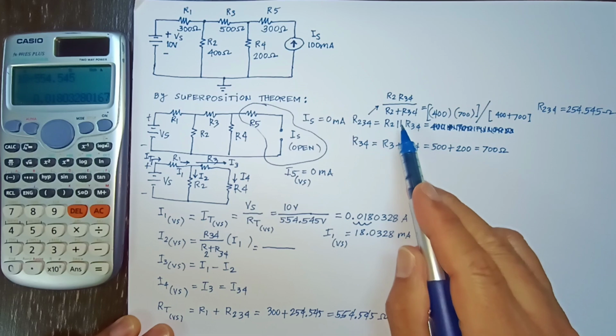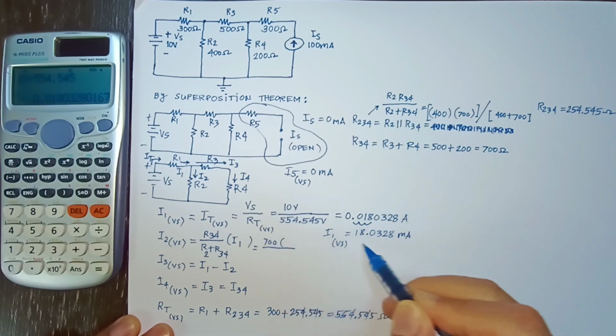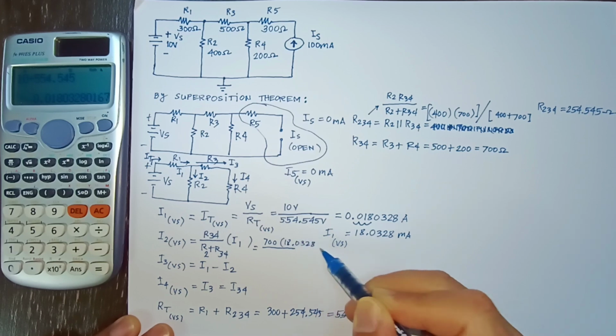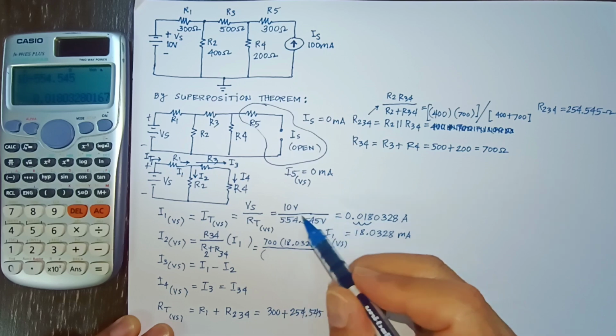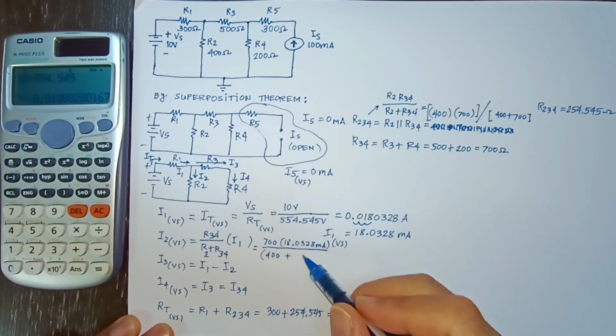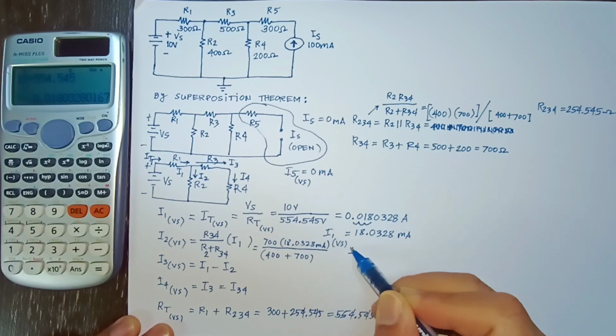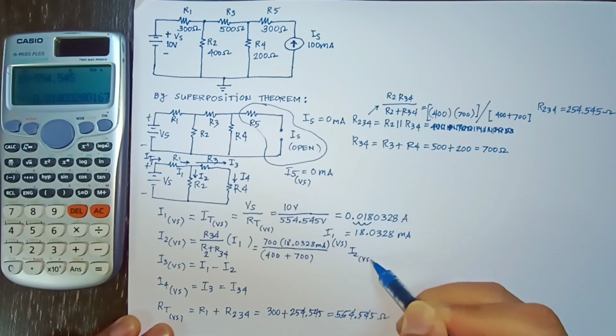Now for I2, now that we know R34, we have 700 multiplied by 18.0328 milliamperes divided by the R2 of 400 plus the 700 of R34.